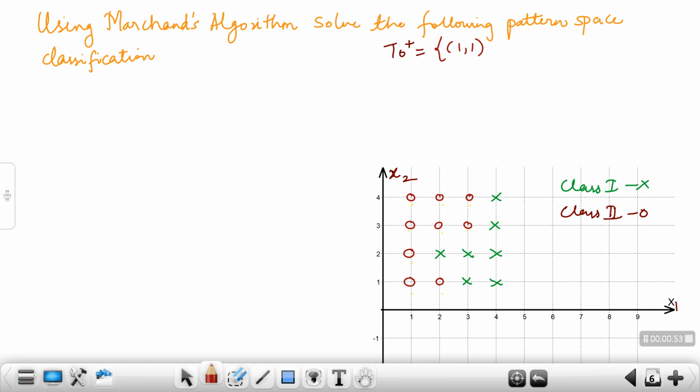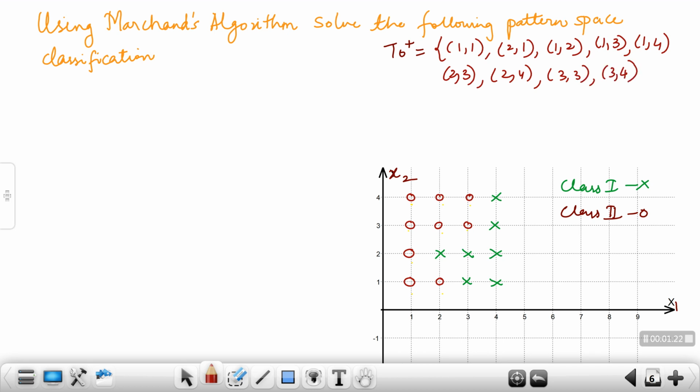First we have (1,1), then (2,1), then (1,2), then (1,3), (1,4), then (2,3), (2,4), (3,3) and (3,4).